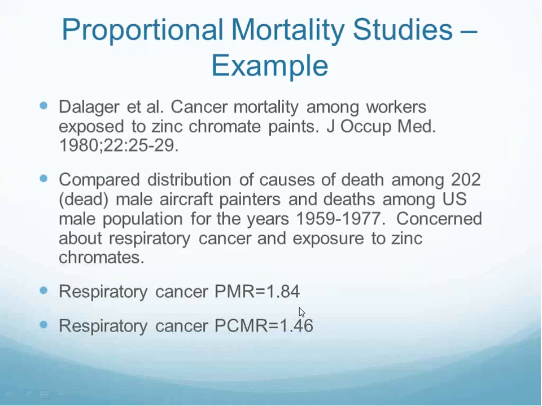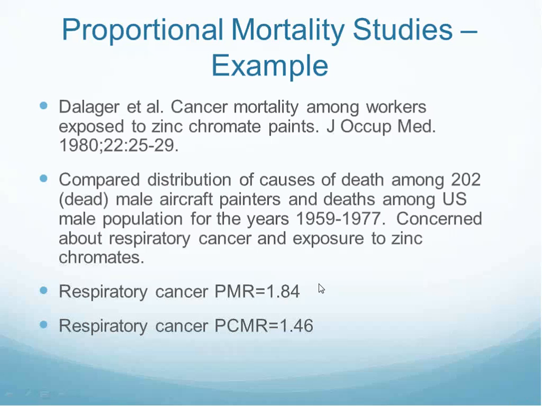If it includes 1, say the confidence interval is 0.9 to 2.8, that probably wouldn't be considered statistically significant. If the confidence interval does not include 1, say the estimate is 1.84 and the interval is 1.1 to 2.5, that would be considered statistically significant.